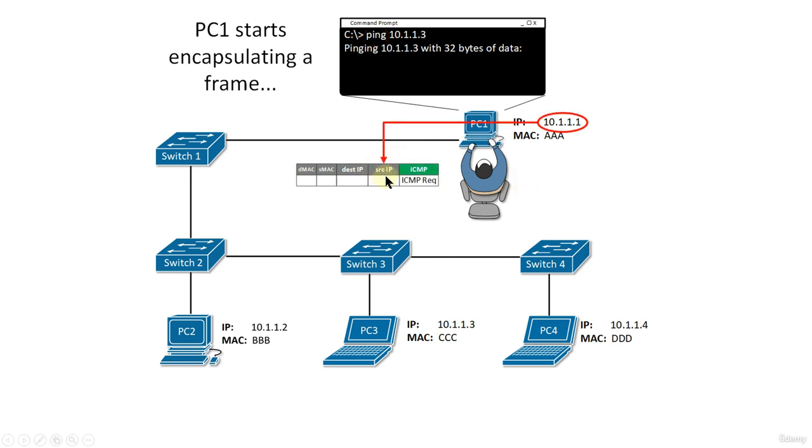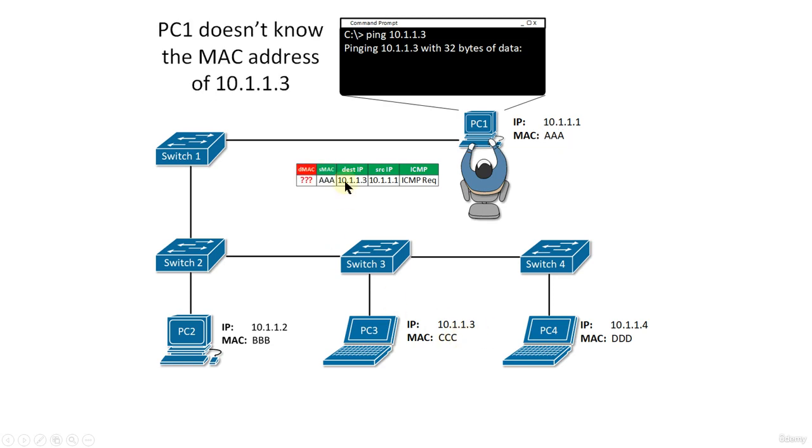The source IP address is 10.1.1.1, the destination IP address is 10.1.1.3, the source MAC address is AAA, whereas the destination MAC address is unknown.